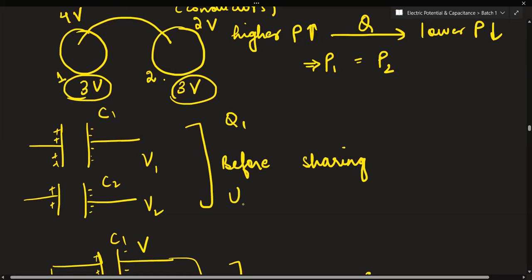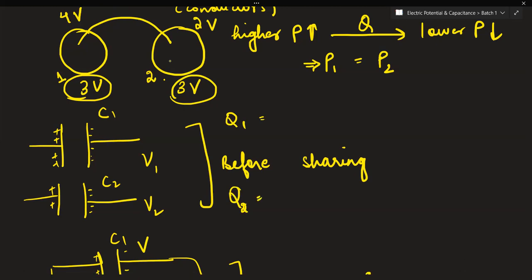Q1 and U1. This is Q1, this will be Q2. So who can tell? Fahad, can you give it a try? What will be Q1? This is your capacitor. Charge on this capacitor. Fahad.